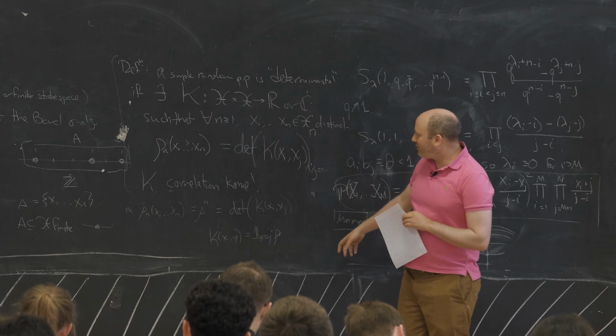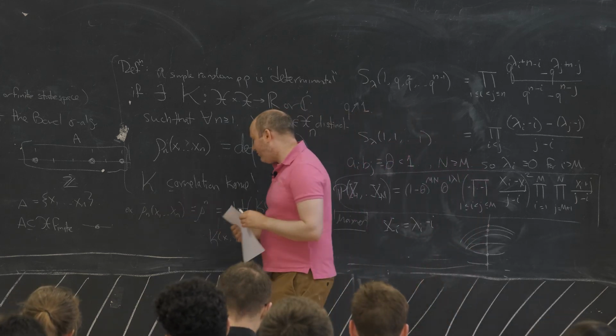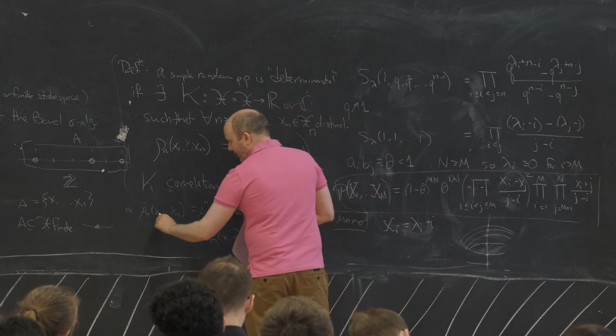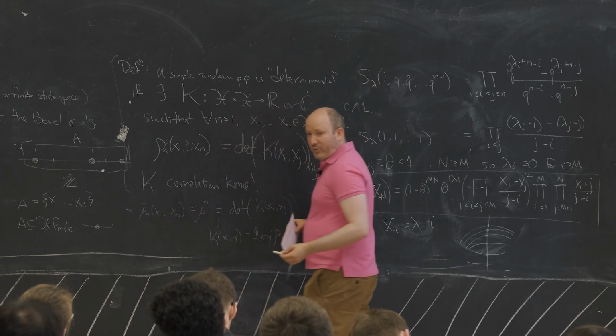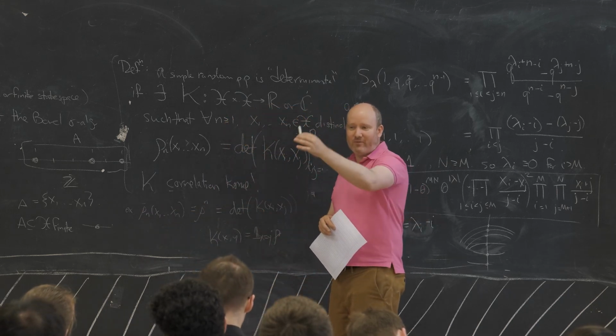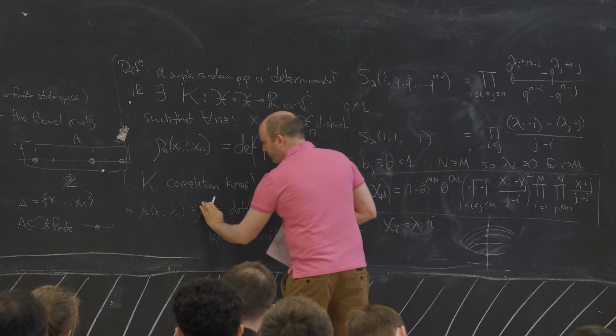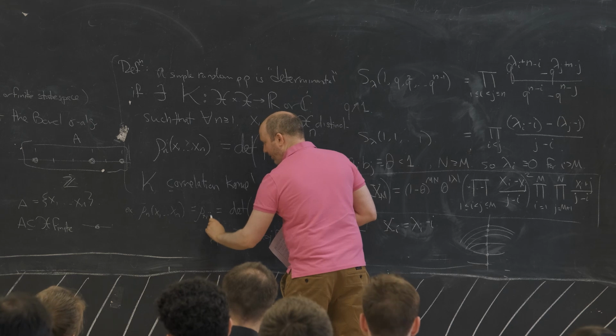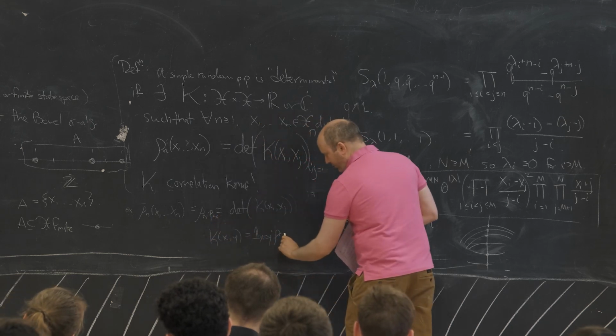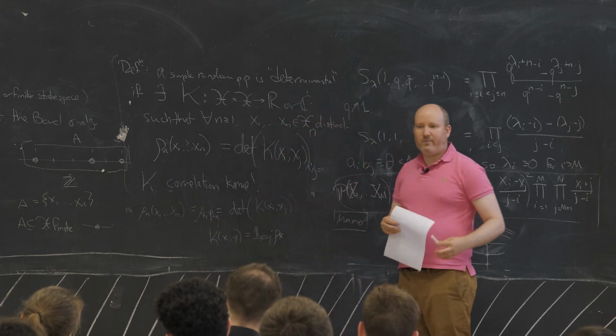You could have also had a situation where you had an inhomogeneous Bernoulli point process, where the probability that you have a particle at position i is rho i, in which case this would be the product of rho x1 through rho xn, and you would just put rho xi here.